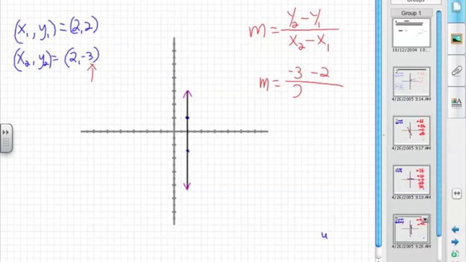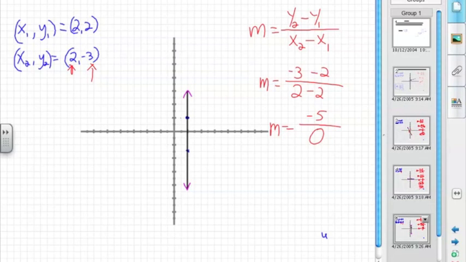And then on the bottom, we will have the other 2 minus 2. And we get m equals negative 3 minus 2 is negative 5, and 2 minus 2 is 0. Do you notice a problem with this particular slope? Yes, we have 0 in the denominator.